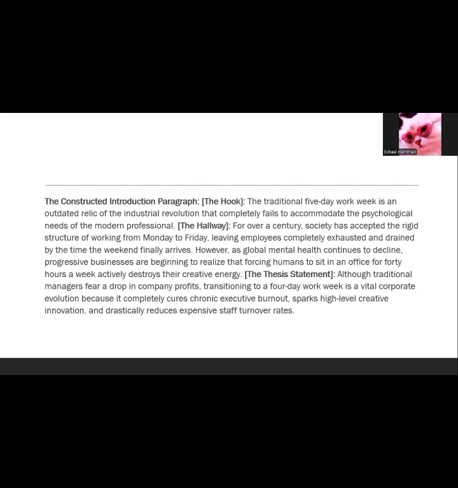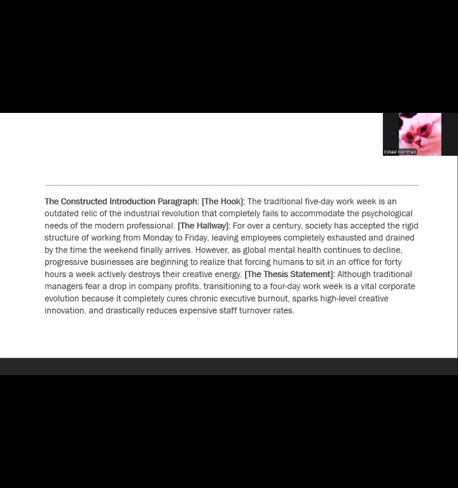Now the thesis statement comes that is going to score the 4-day work week. Although traditional managers fear a drop in profit, transitioning into a 4-day work week is a vital corporate evolution because it completely cures chronic executive burnout, sparks high level creative innovation, and drastically reduces expensive staff turnover rates.